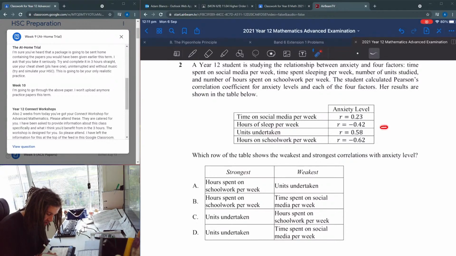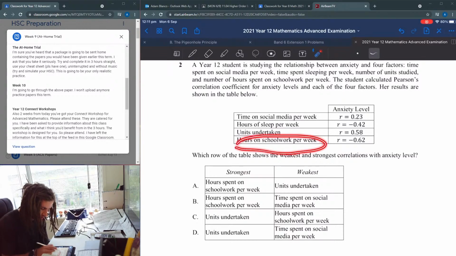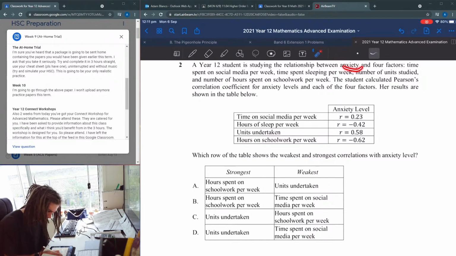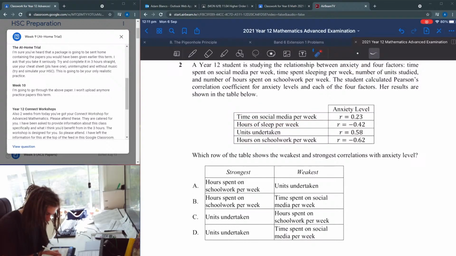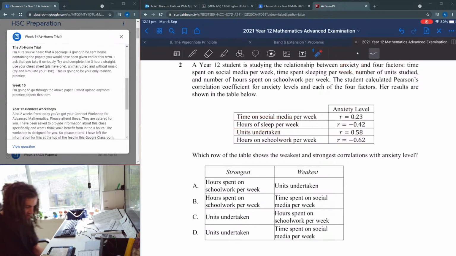If the correlation coefficient is close to -1, then it's a strong negative correlation, which means as anxiety goes up, hours spent on homework goes down, or the other way around. So the more you spend on homework, the less anxiety. Does that make sense? More anxiety, more time spent on social media. More anxiety, less hours of sleep. Yeah, okay, this is making sense.